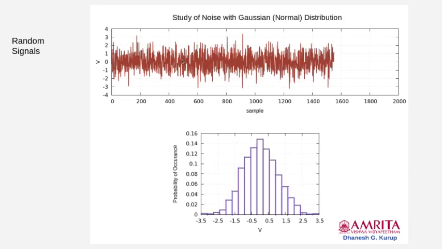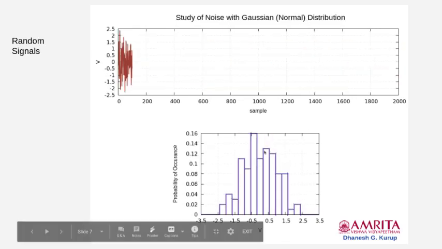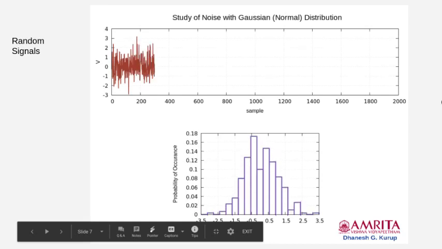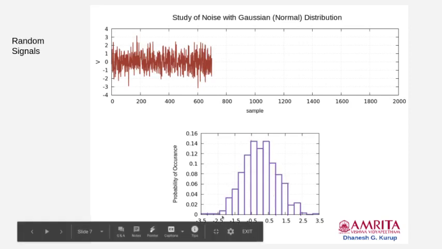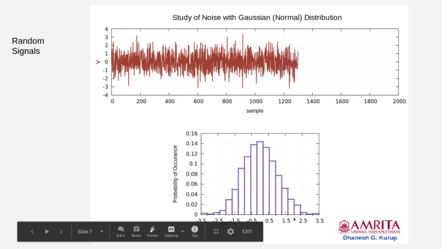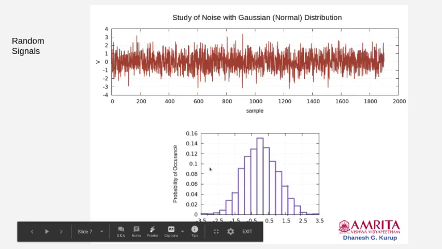How can we say with surety that this noise which I have generated is a Gaussian distribution? The second picture illustrates that. What I have done: the amplitude of the noise is the x-axis in this picture, and the probability of occurrence is on the y-axis.